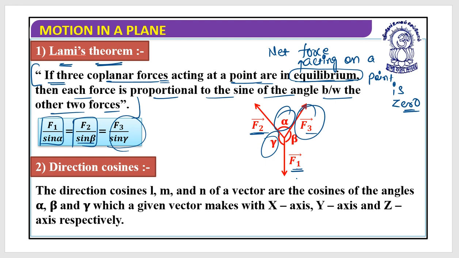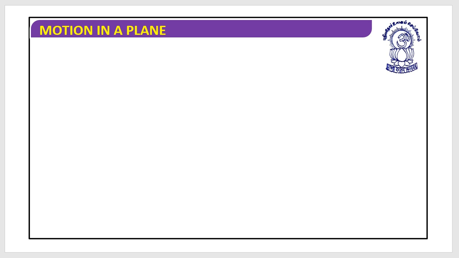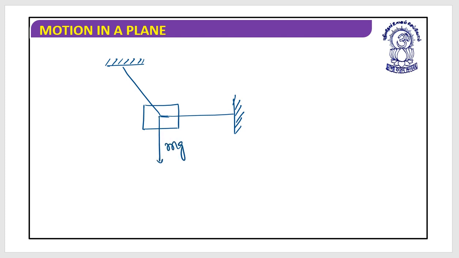Let's have a look at one of the questions on this, and then we will come back to direction cosines. Let's say the situation is something like this: one of the blocks is tied to this wall with the help of a certain string. This point has been tied at this point, probably a ceiling. Here one of the forces is acting, this is mg.